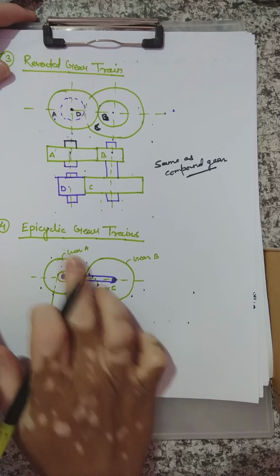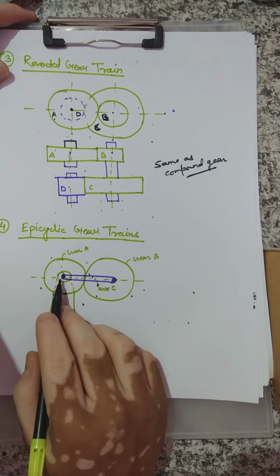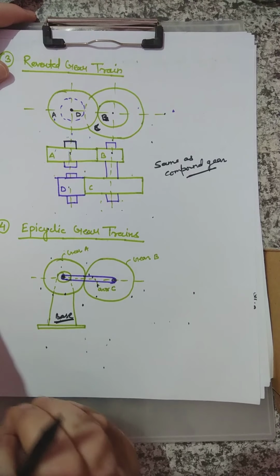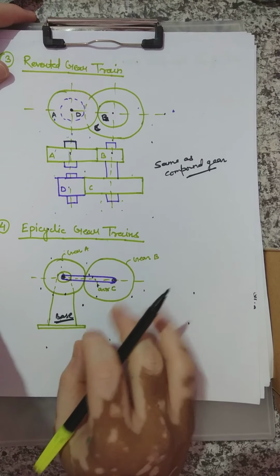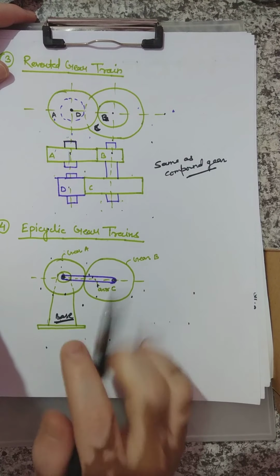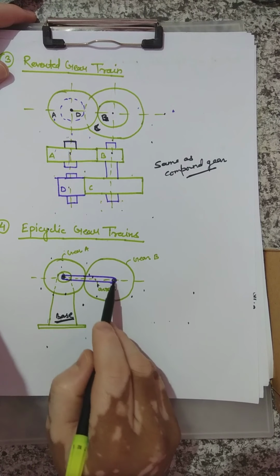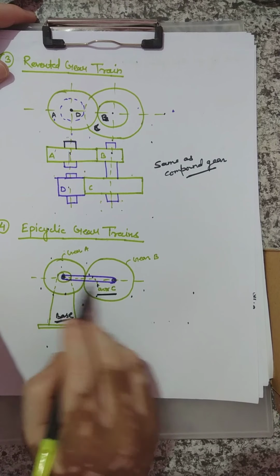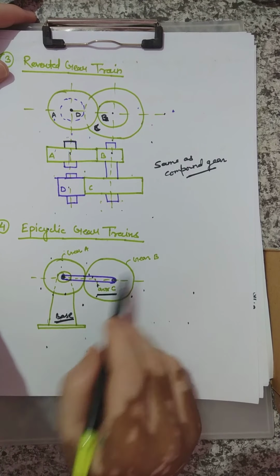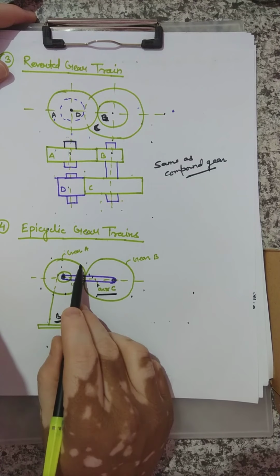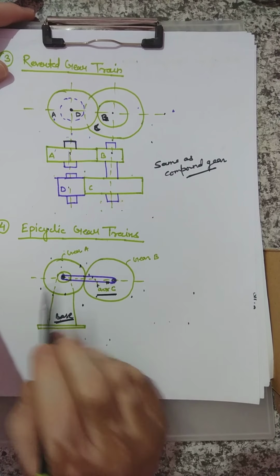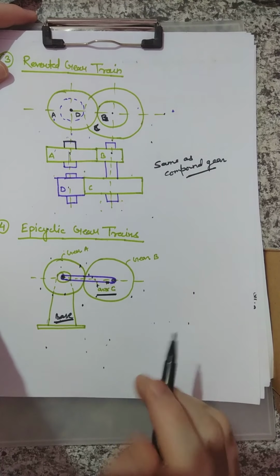Now gear A is attached to gear B, but B is not mounted on any base or any shaft; it is attached with arm C. This is arm C, which is attached to gear A and gear B. So gear B rests on gear A and arm C. These are the two supports for gear B. Sun and planet gear are the most advanced of the epicyclic gear trains.